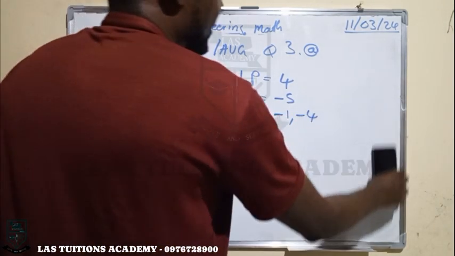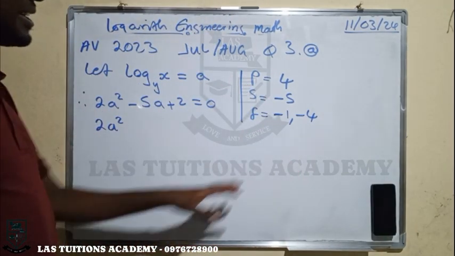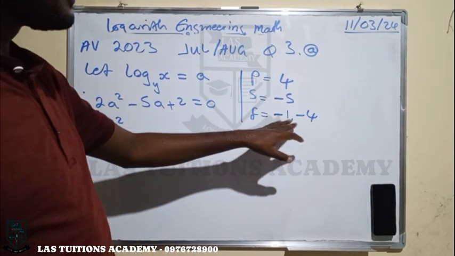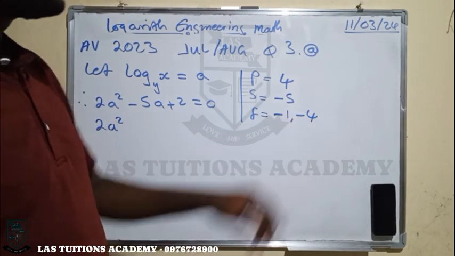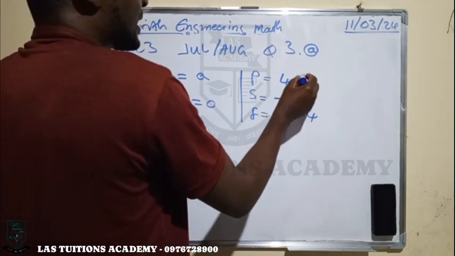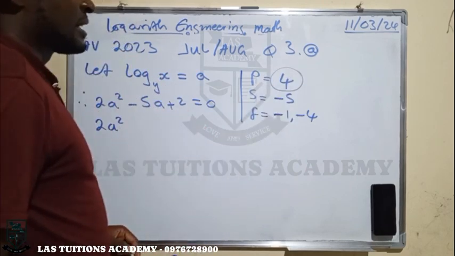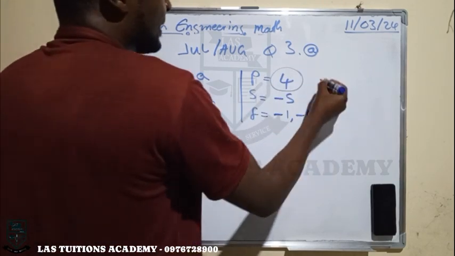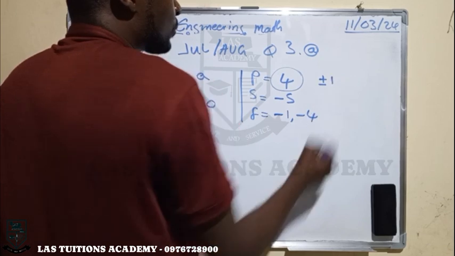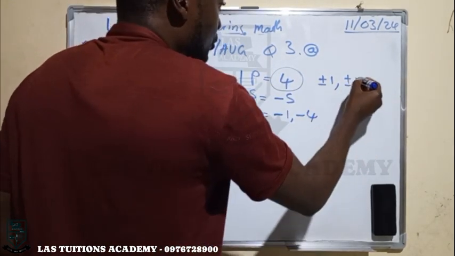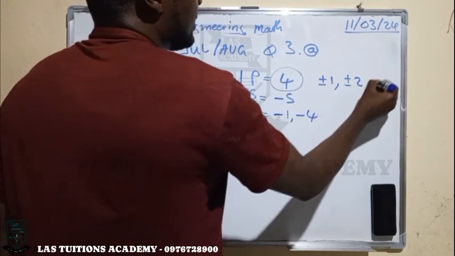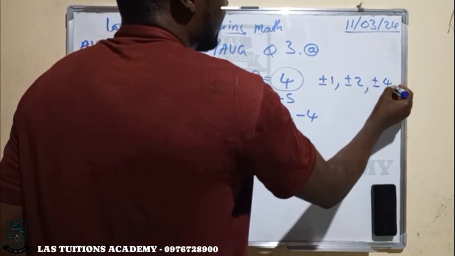Okay, so yeah, my wife was just reminding me to say you can also explain how you get these two numbers. So now these two numbers, you look at the factors of the product. So plus or minus 1 is a factor of this, plus or minus 2 is a factor of this, then plus or minus 4 is a factor of that.